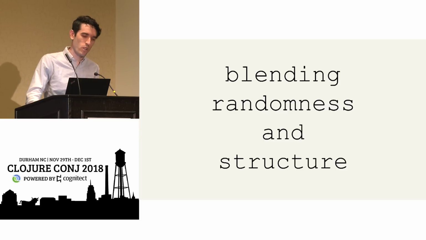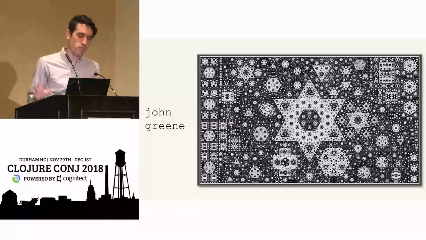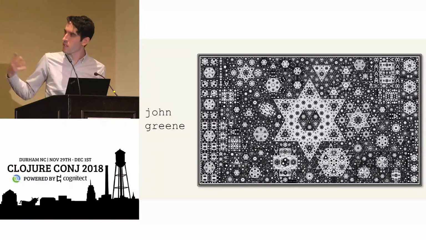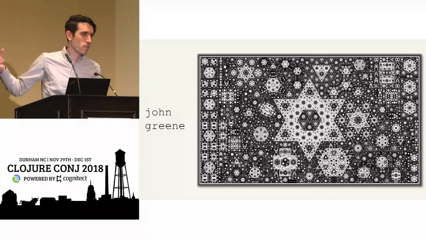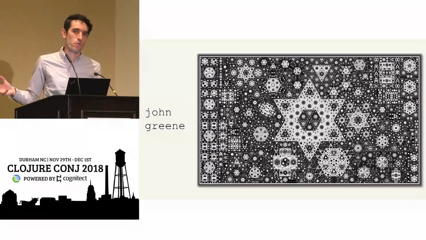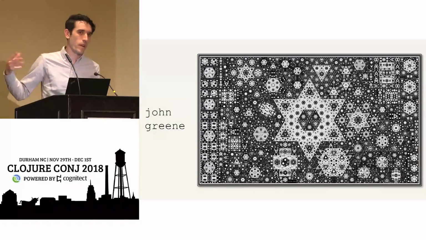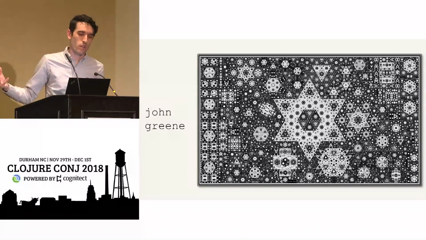One image that demonstrates that very cleanly for me is a work by John Green, who does tiling artwork, and obviously a tiling system like this is extremely ordered, but he manages to also introduce randomness in ways that create a lot of really beautiful variety.